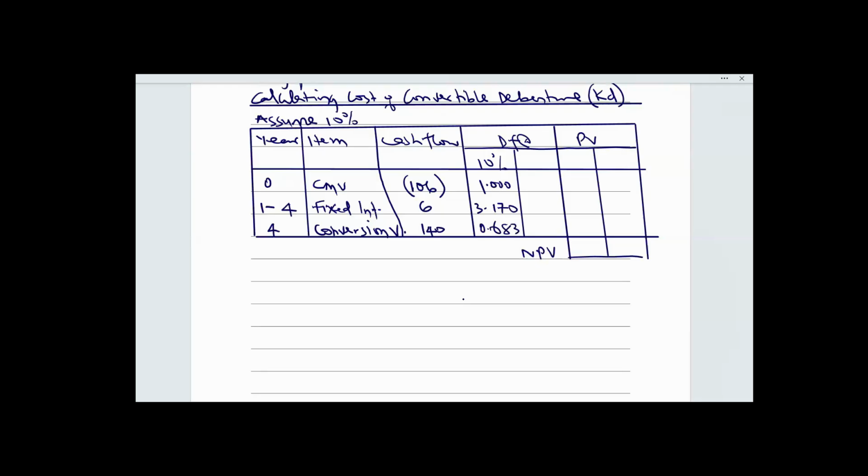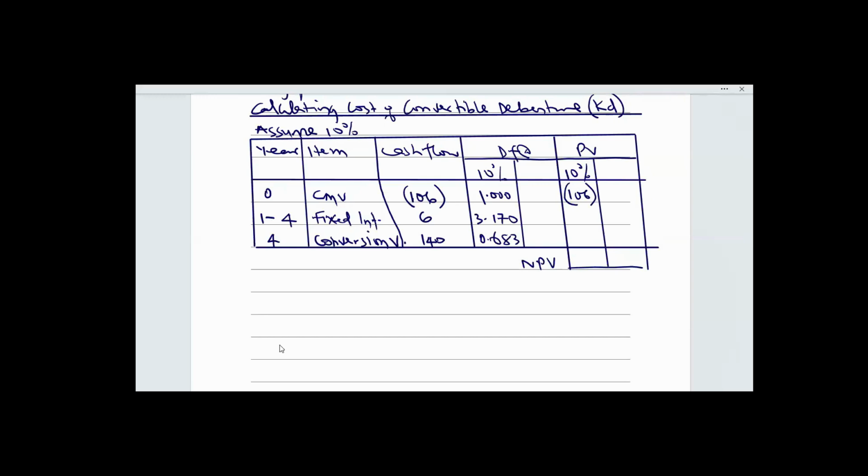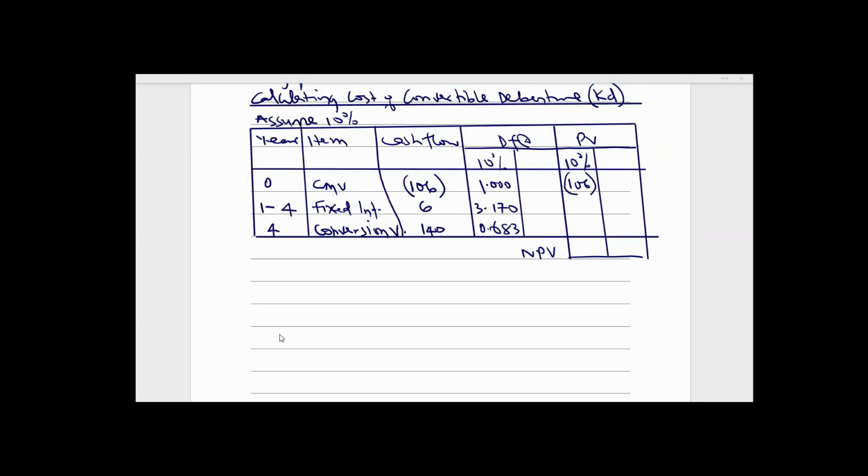Then you multiply. There is 6 multiplied by 3.17, that's approximately 19.